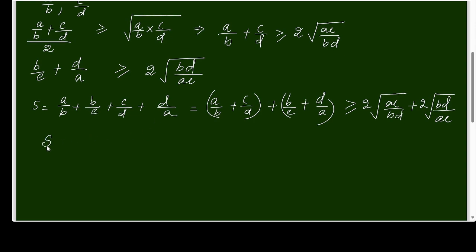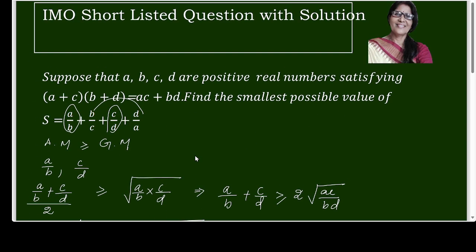So S is greater than or equal to 2, taking common and simplifying, it will be AC plus BD by the square root of ABCD. Now it is given that AC plus BD equals (A plus C) into (B plus D).